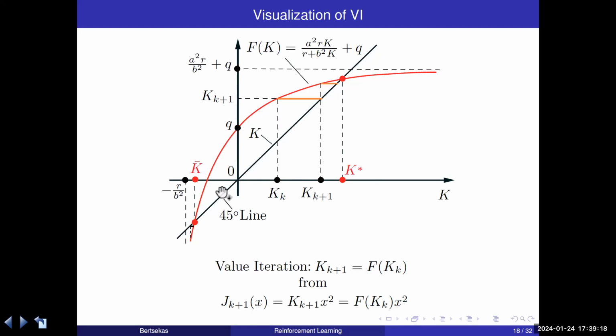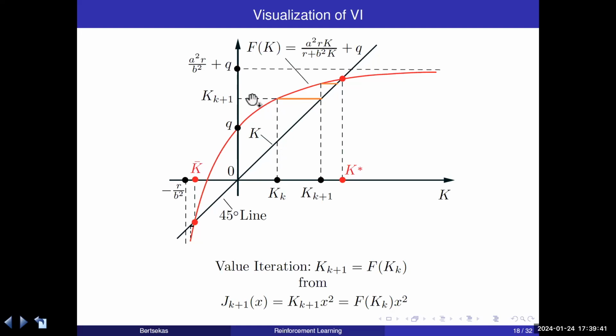So in terms of the Riccati operator graph, value iteration is an iterative method that at the typical step has a K_k coefficient, and finds K_{k+1} by F of K_k. So this is K_{k+1}.